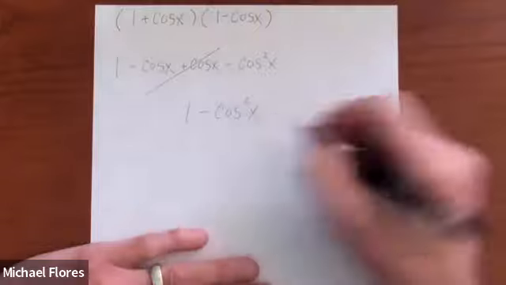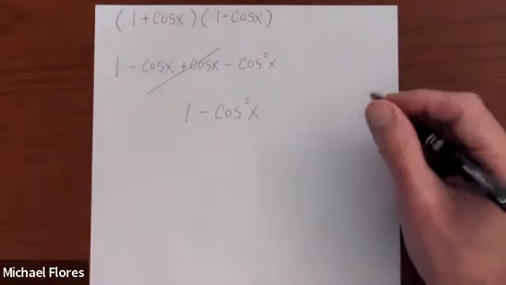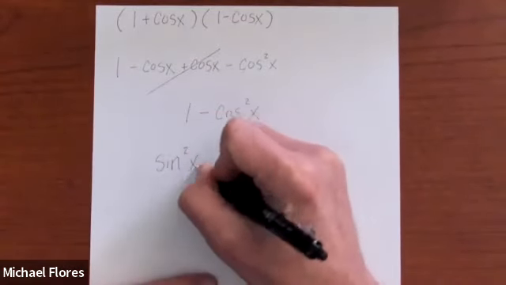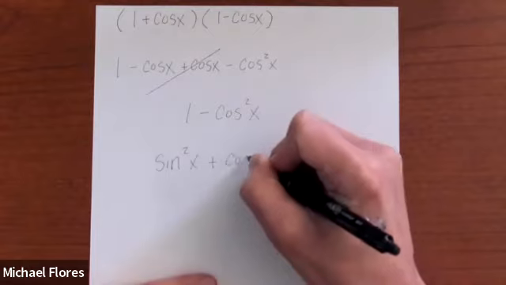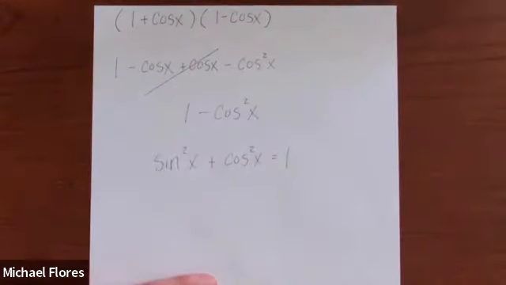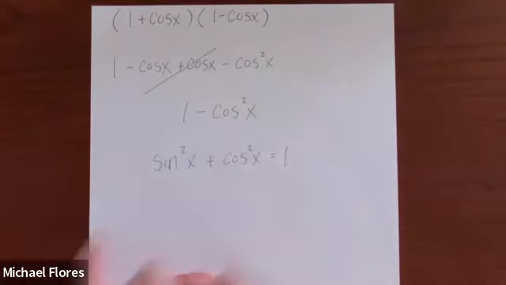Yes, this is a part of Pythagorean identity number 1. So we need to move this around so that 1 is positive and cosine is negative.